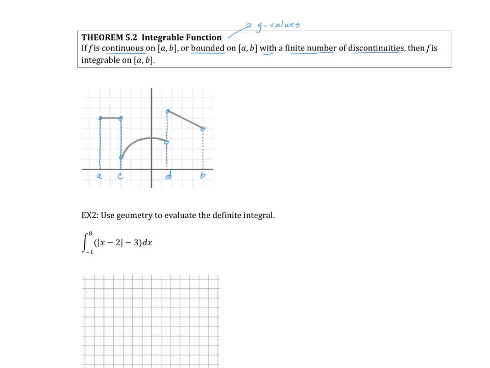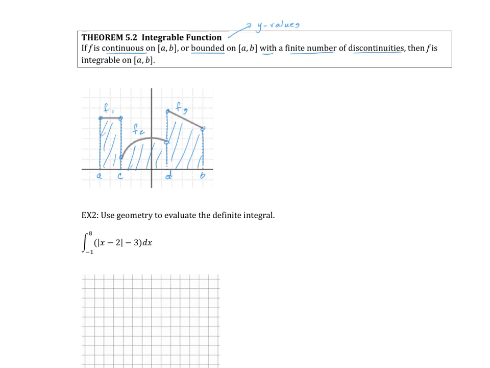I do have a problem though. If I were to compute the integral, I would have to do this in pieces. So it's okay if the function is discontinuous. You just have to make sure when you compute your integral that you break it up. So I'll call this f sub 1. This will be f sub 2 and f sub 3. So if I were to compute this integral of all these three pieces, which clearly I can, right?